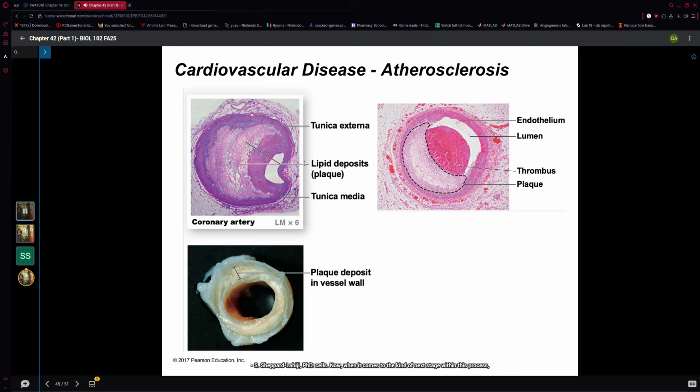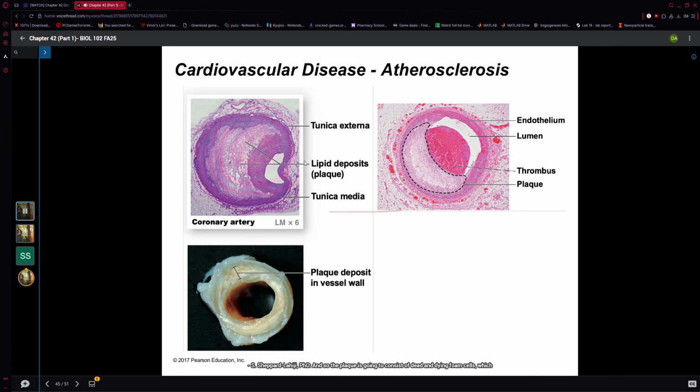Now, when it comes to the next stage within this process, smooth muscle cells are going to begin to go through cell division, and that's taking place from that middle tunic or the tunica media, and it's going to start to deposit collagen and elastic fibers, and that's going to end up thickening the innermost layer. And then we end up with our plaques.